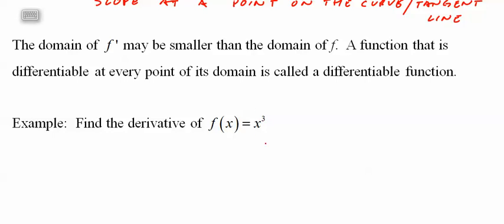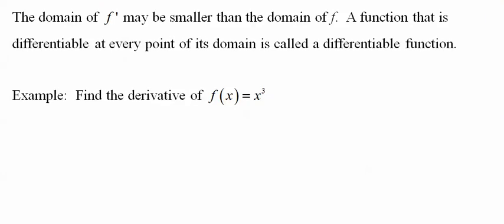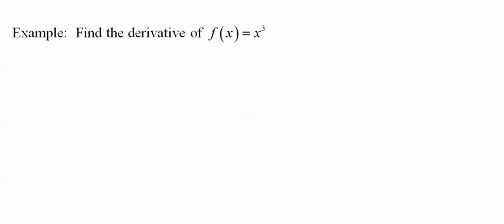We say that is a differentiable function, but more on this later. We can spend a whole lesson on it. So the limit as h approaches 0 of x plus h to the third minus x to the third over h.